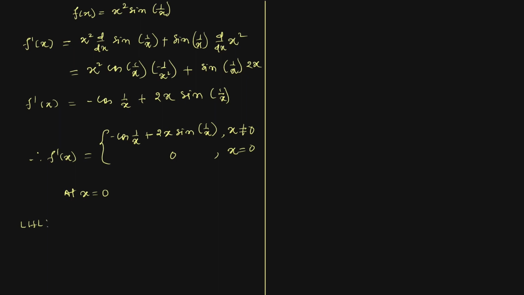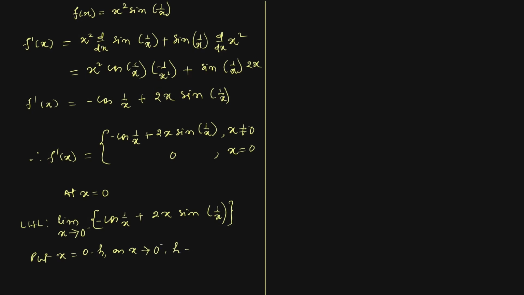Left-handed limit, that is limit x tends to 0 minus of minus cos 1 by x plus 2x sine 1 by x. So put x equal to 0 minus h, as x tends to 0 minus, h tends to 0.